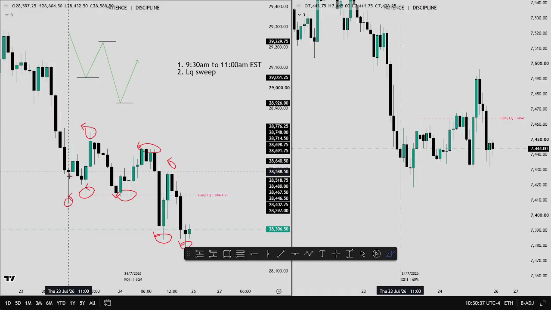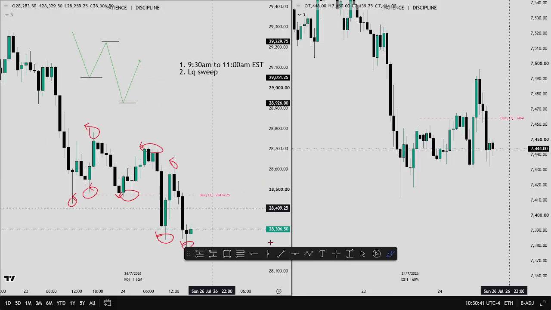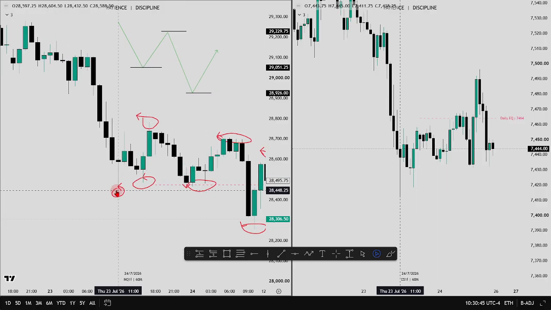If you look at this area here, you see this middle candle. The low of the candle on the left doesn't go past this one, and the low of this candle doesn't go past this one, so this is a swing low.